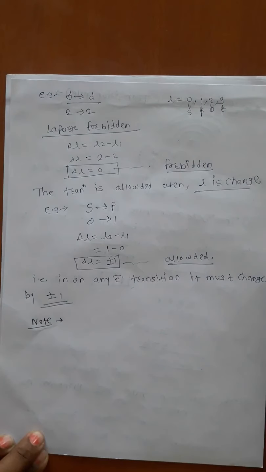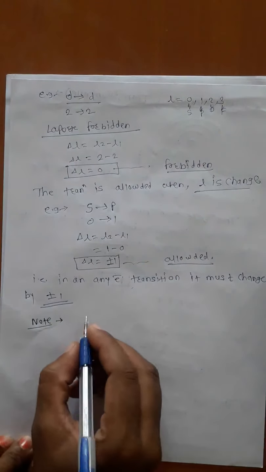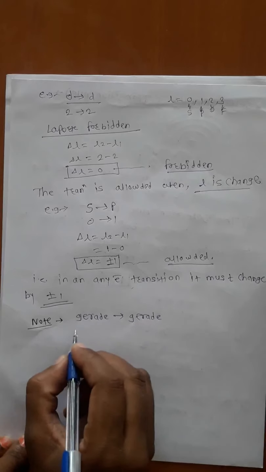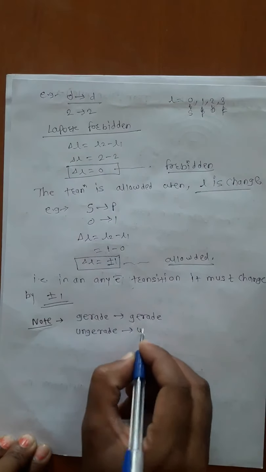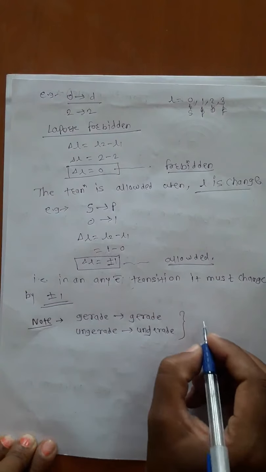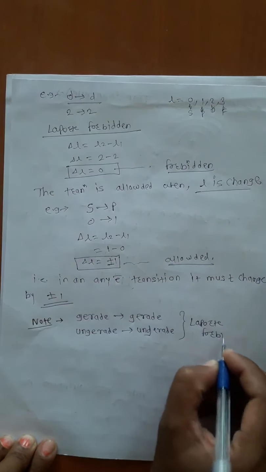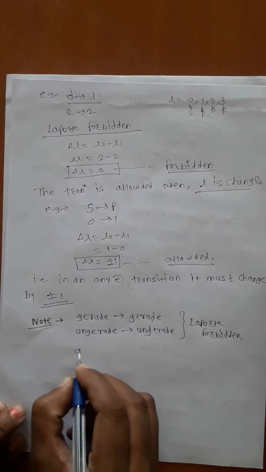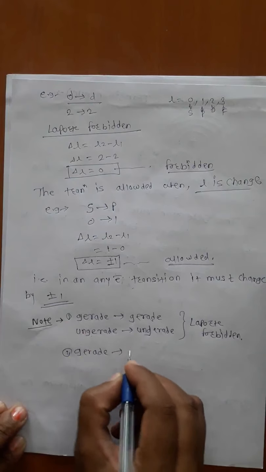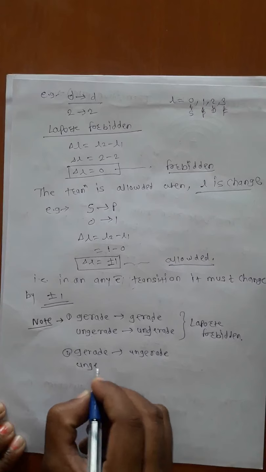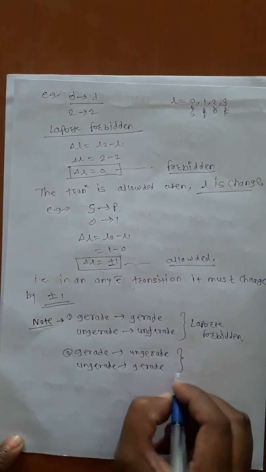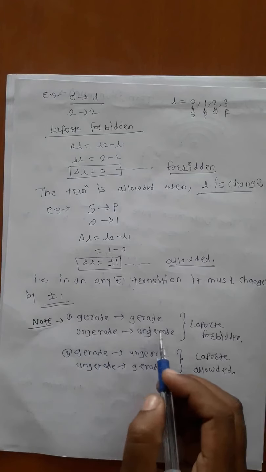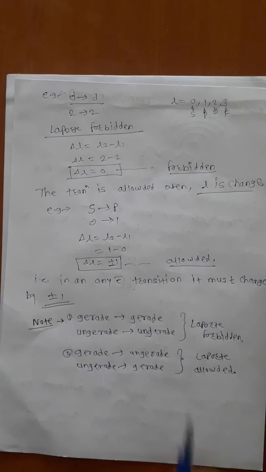Gerade to gerade transition or ungerade to ungerade transition is Laporte forbidden, and the second one is that gerade to ungerade or ungerade to gerade transition is Laporte allowed.